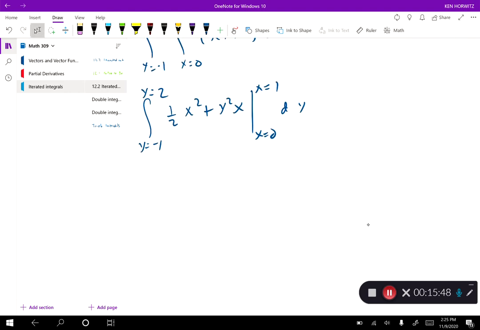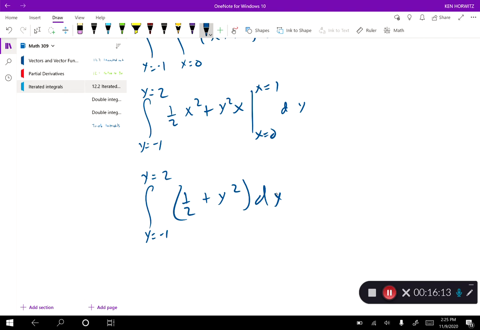So now I need to plug in my limits. And when I plug in my limits, I'm going to have to rewrite. So y equals -1, y equals 2. I get 1/2 plus y squared dy. And now we are once again back to that Calc 1 type integral.